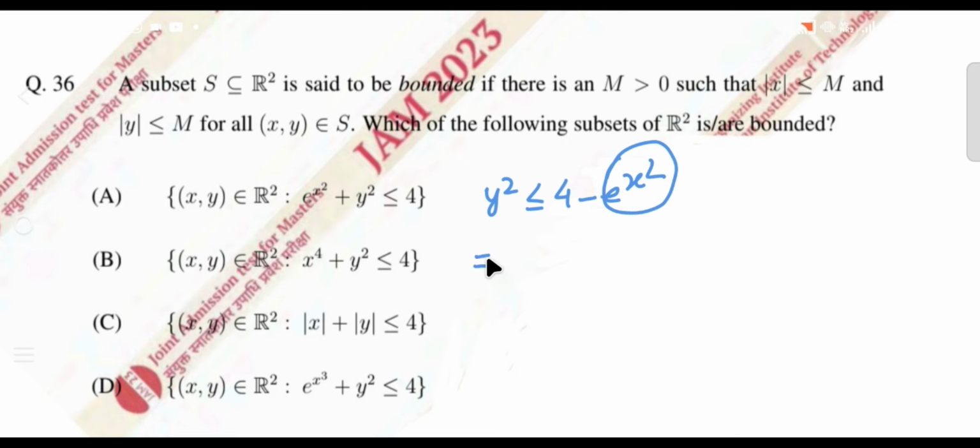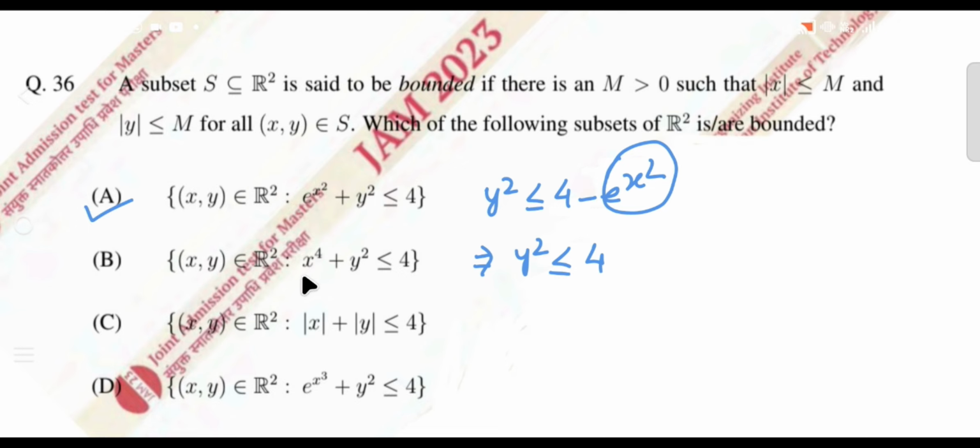So from here we can write y square less than or equal to 4. So this y has a limit in both directions, forward as well as backward. So y is bounded, and already I explained that x is bounded. So this is our true option.